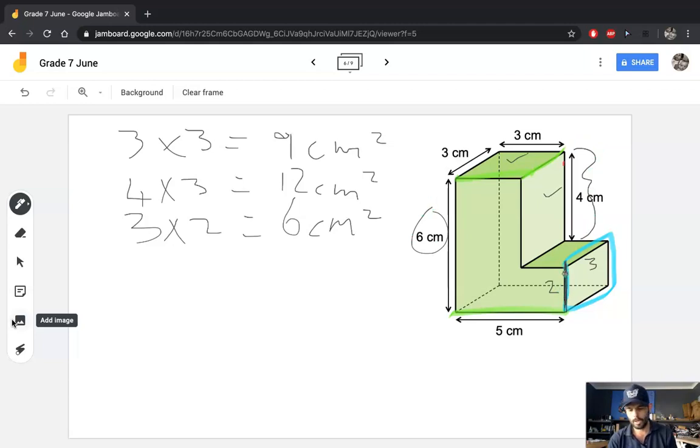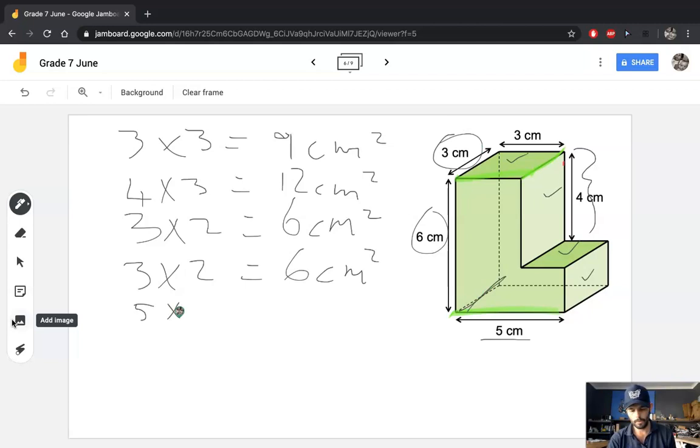So 3 times 2 again is equal to 6 centimeters squared. All right. So I've done the front face and that little step up. I'm now going to work out the base. My base is going to be 5 times that length there, which is the same as that 3. So that's 5 times 3 equals 15 centimeters squared.